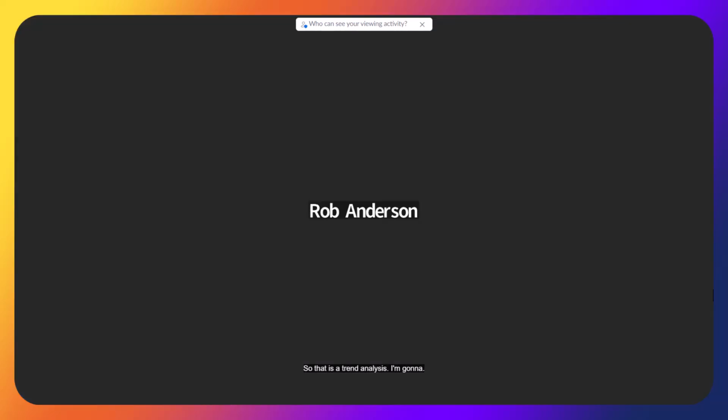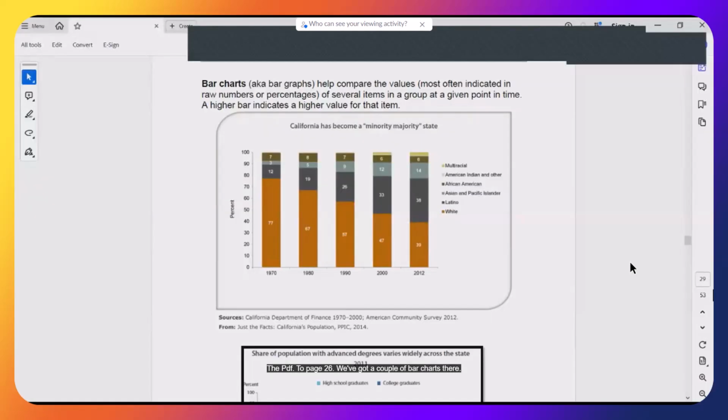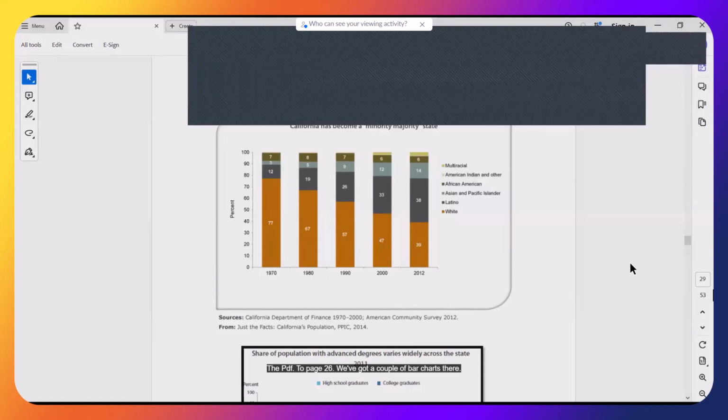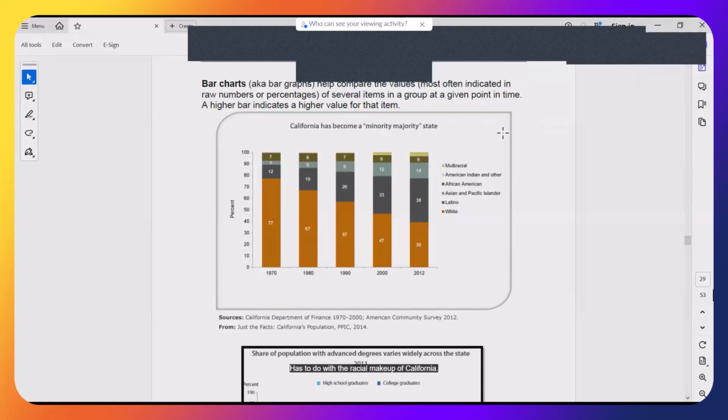Now I'm going to stop sharing and go back to the PDF to page 26. And we've got a couple of bar charts there. First bar chart has to do with the racial makeup of California.